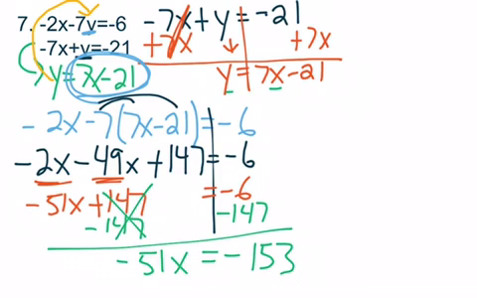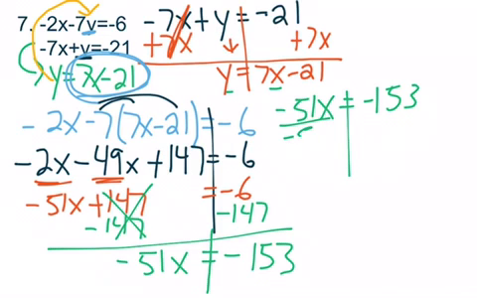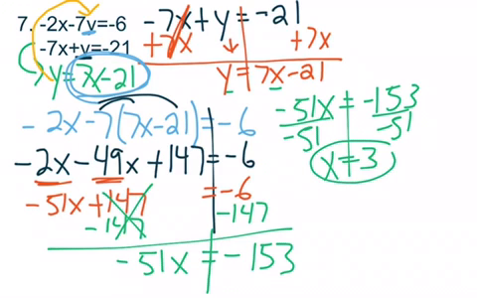So now I still haven't solved for x. So I have negative 51x equals negative 153. Divide both sides by negative 51. And so my x would equal 3. So I know my x value is now 3.